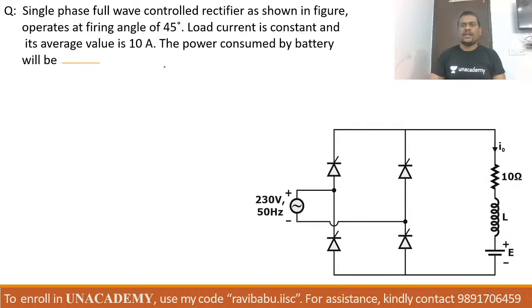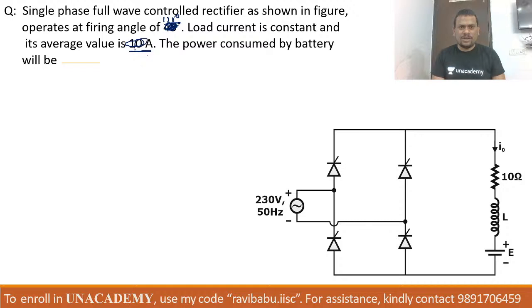Now it is our next example. Read the example carefully. I want to change this question. The operating firing angle is 120 degree. The load current is constant, and its average value is 10 ampere.